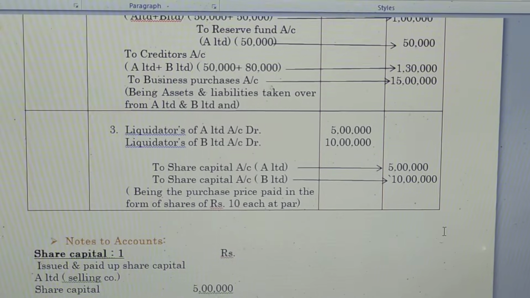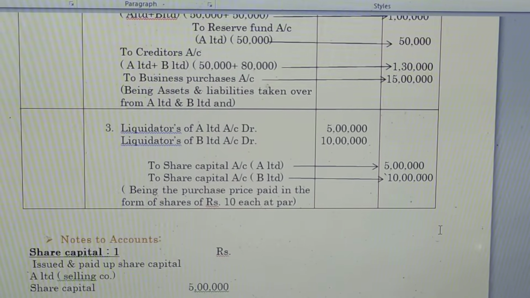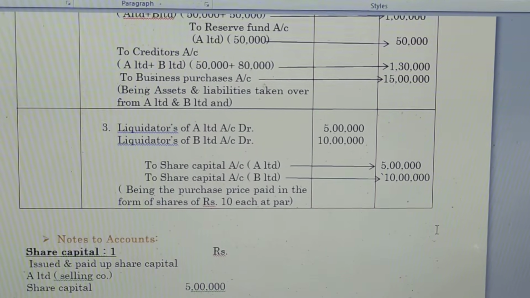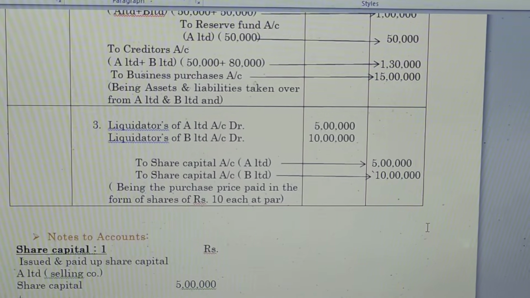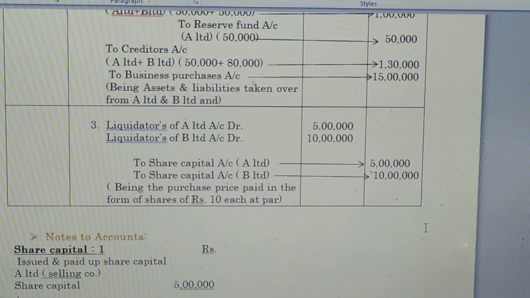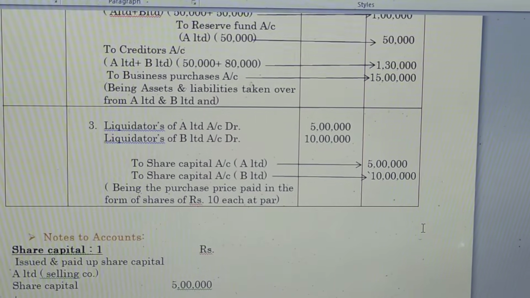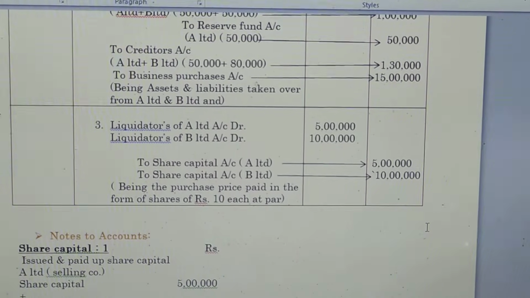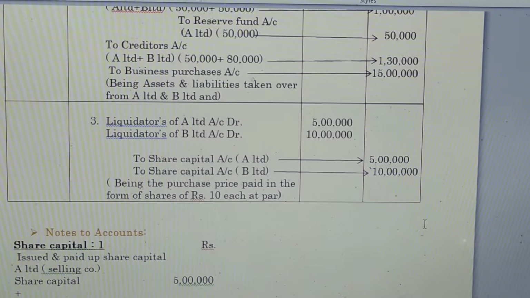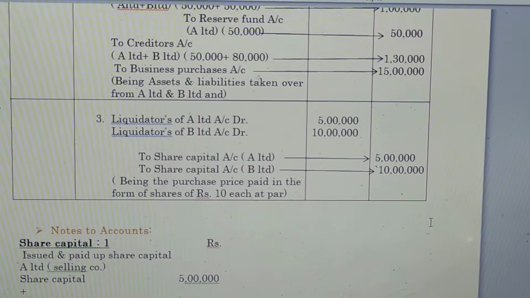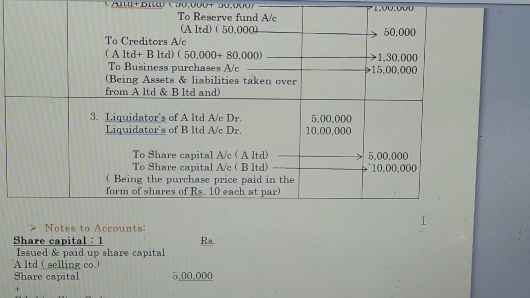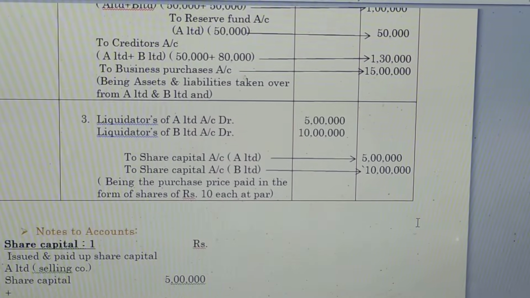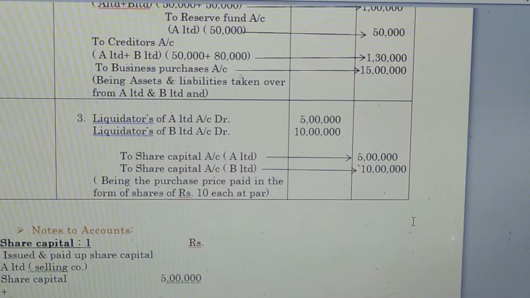In the credit side, we have to mention share capital account in bracket A Limited 5 lakhs, and share capital account B Limited 10 lakhs. It means the C company, or purchasing company, has paid the purchase consideration value to the selling companies A and B in the form of shares at rupees 10 each.